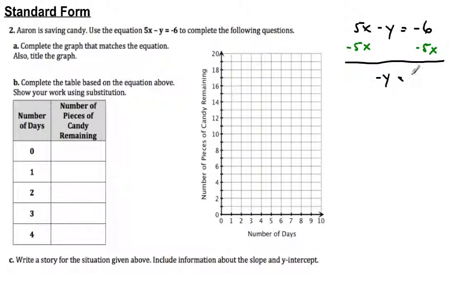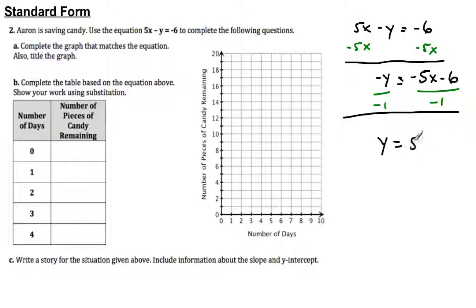Negative y is negative 5x minus 6. And then divide by negative 1. And we're left with y is equal to 5x plus 6.